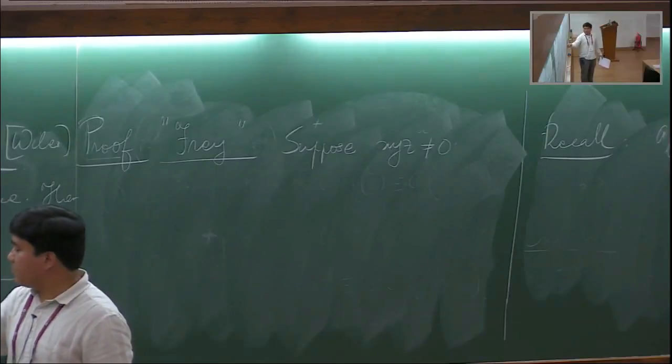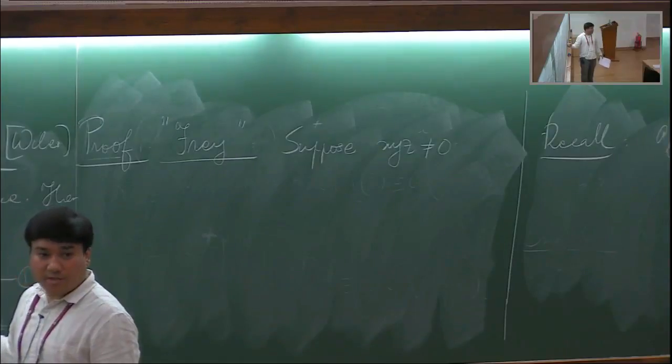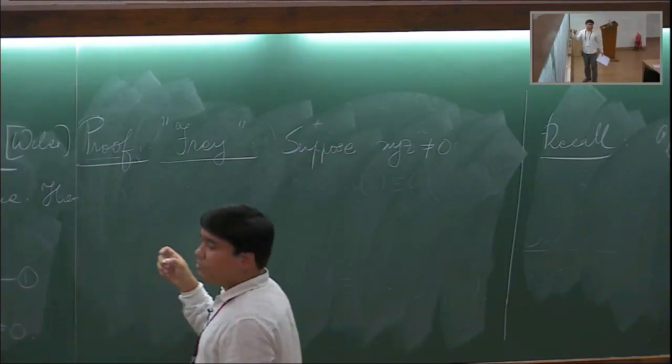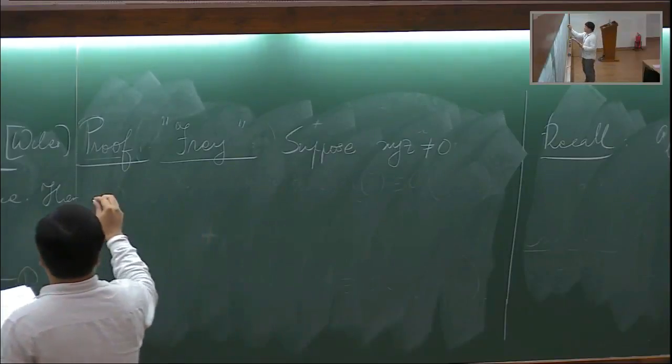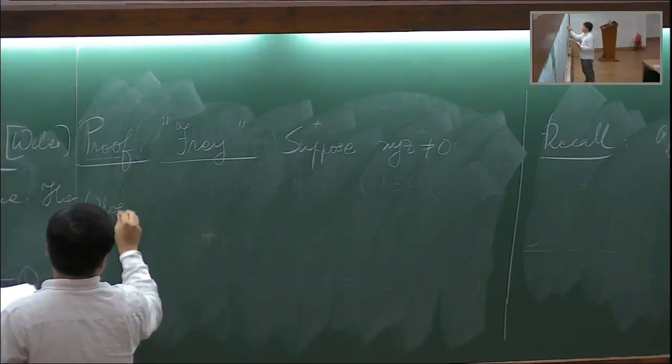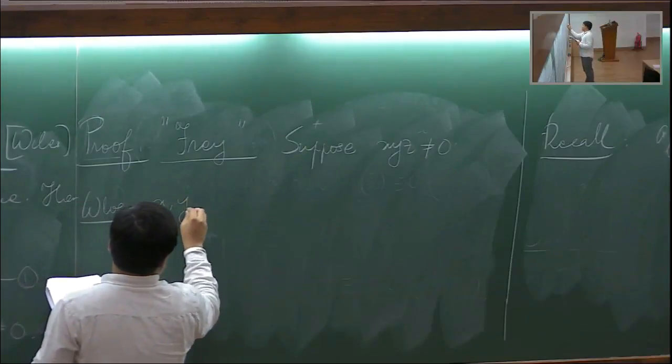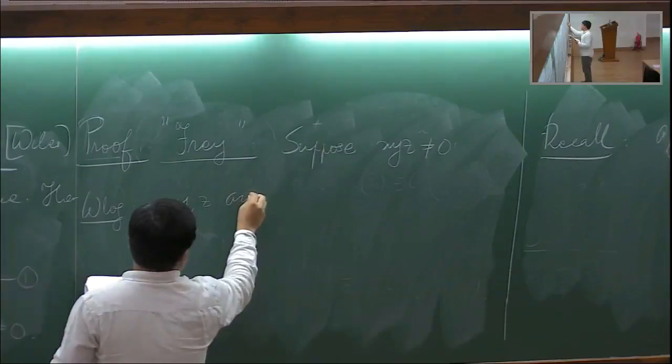So suppose if these two have a common factor, then that common factor is certainly going to divide z to the p, right? So without loss of generality, I can assume that x, y, z are coprime.